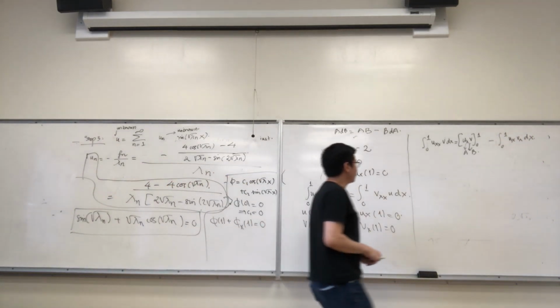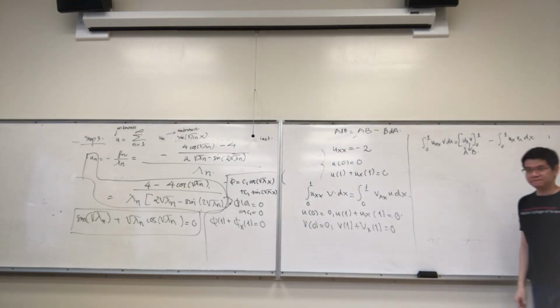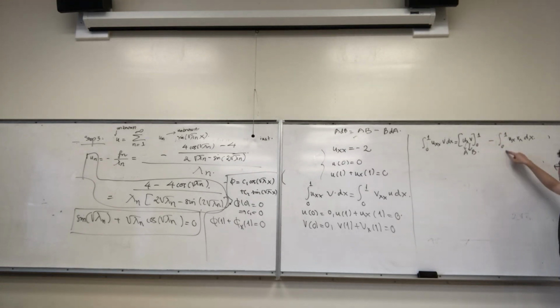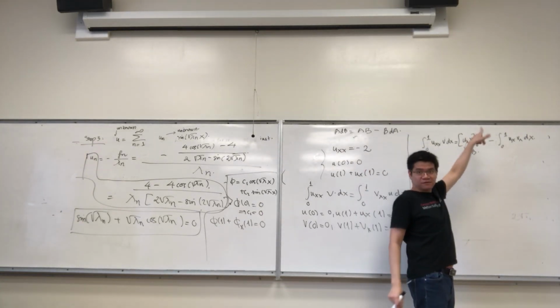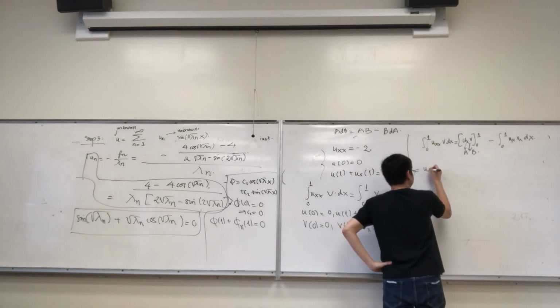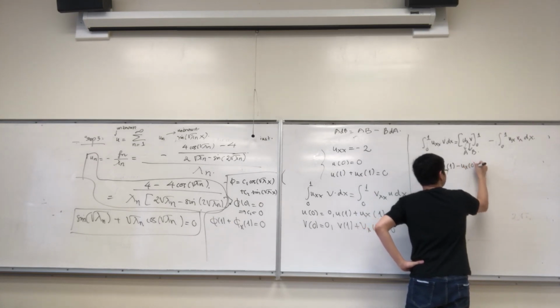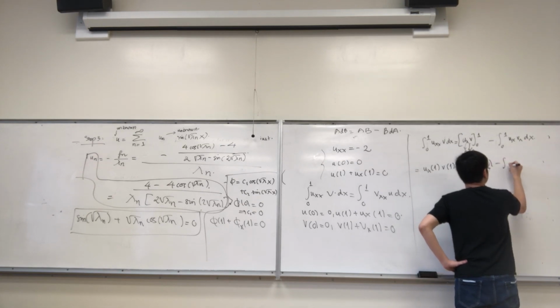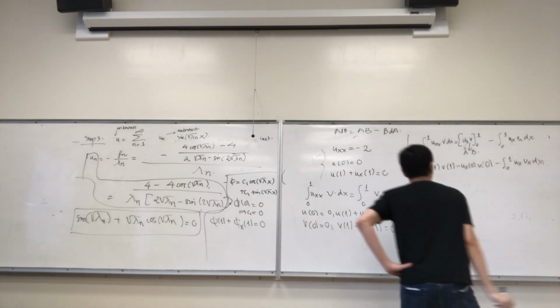So in order to check self-adjointness, I'm going to integrate from 0 to 1. You have u_xx v dx, right? It is u_x v, the difference from 0 to 1, minus the integral from 0 to 1 of u_x v_x dx, right? So I'm going to compute these things, and I'm going to have u_x(1) v(1) minus u_x(0) v(0) minus the integral from 0 to 1 of u_x v_x dx, right?